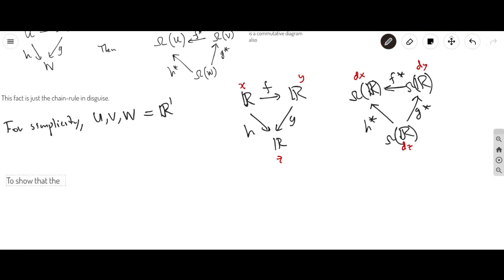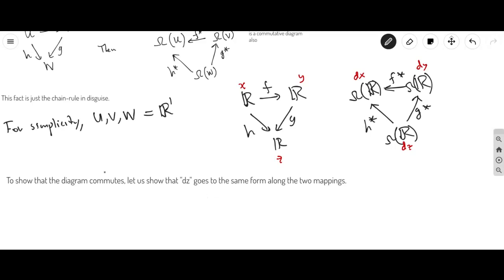To show that the diagram commutes, it's enough to show it commutes on the generators. The generators are what matter. So you just have to show it commutes on the generator. Here there's only one generator, dz, to show that dz goes to the same form along the two mappings.